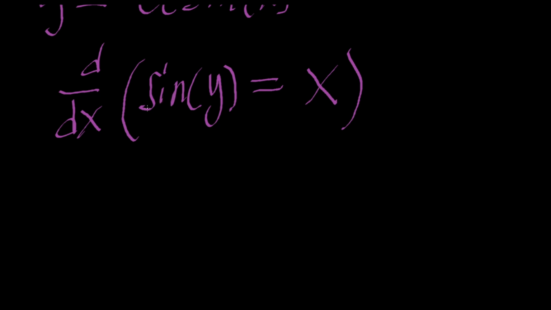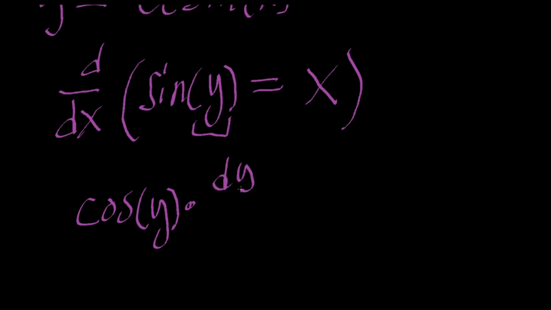So the derivative of sine of some function will be equal to cosine of this function multiplied by the derivative of the function of what is inside of this sine.